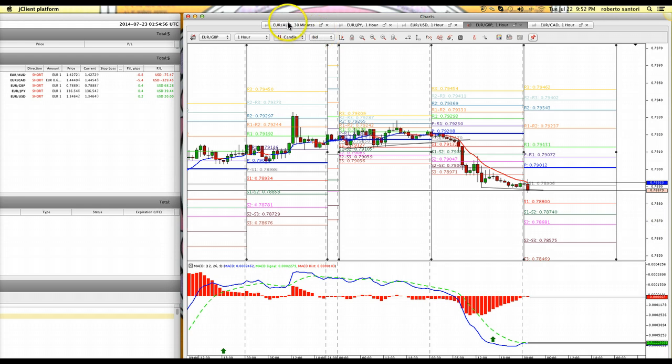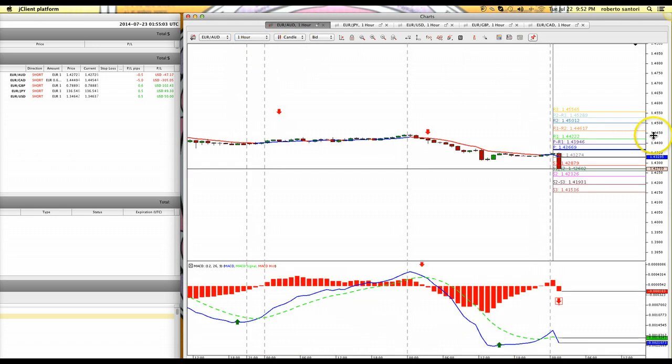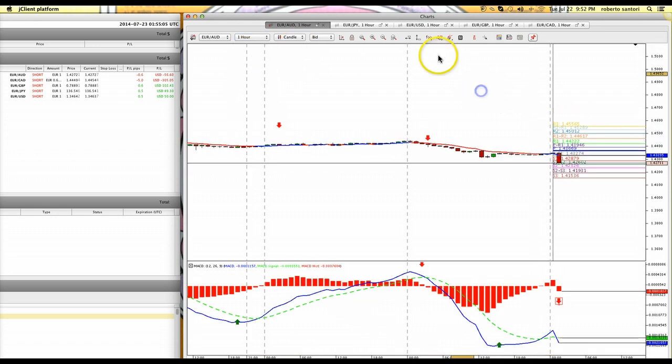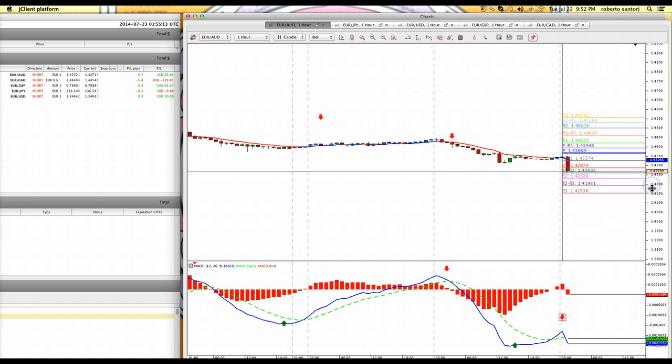Now I look at all the euro crosses, and I see they all look identical, which means the euro dollar is very weak across the board, and so I'm looking for indicators to help me with this trade. So what do I need? Again, here's the euro Australian dollar. Price below the central pivot point, which is this blue line right here.